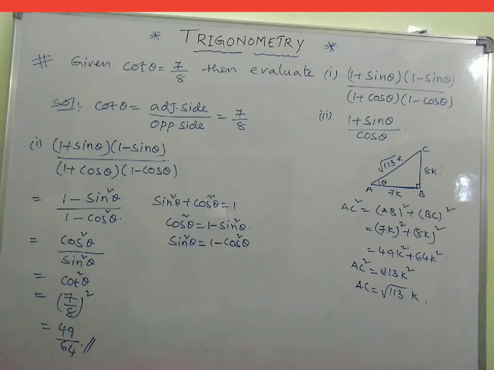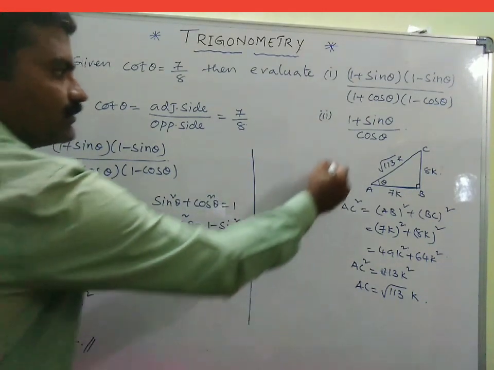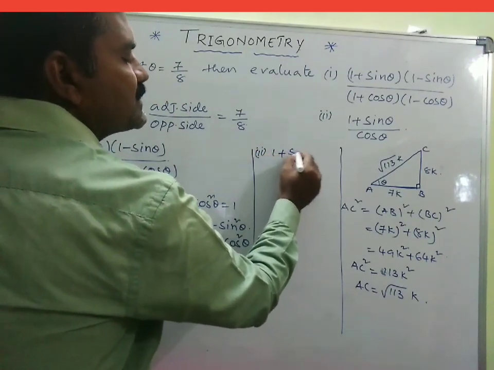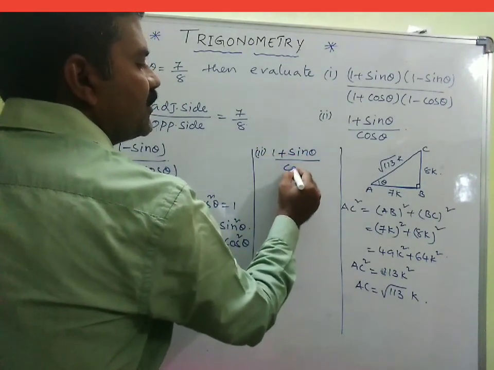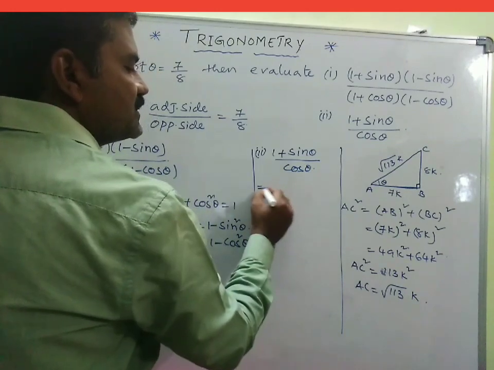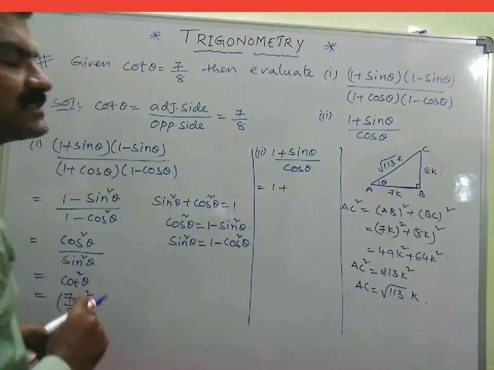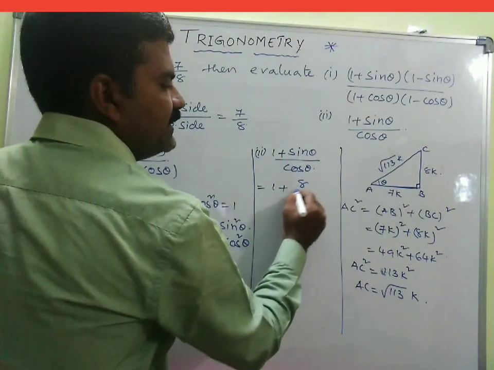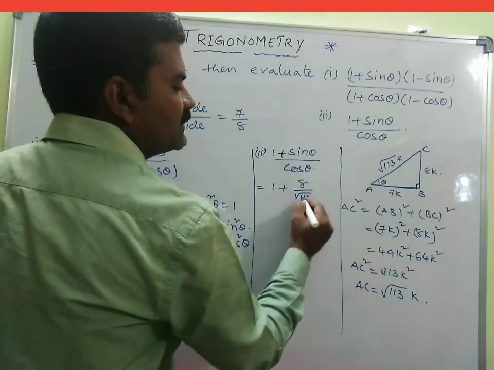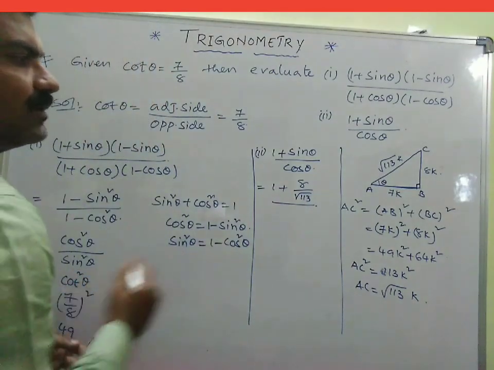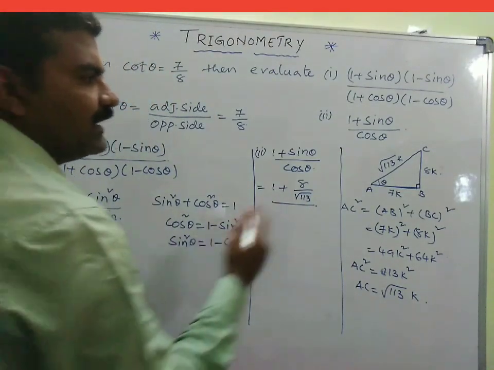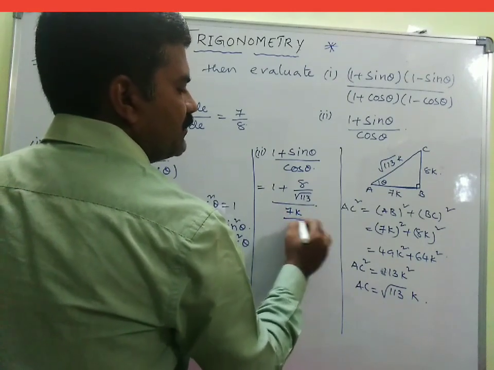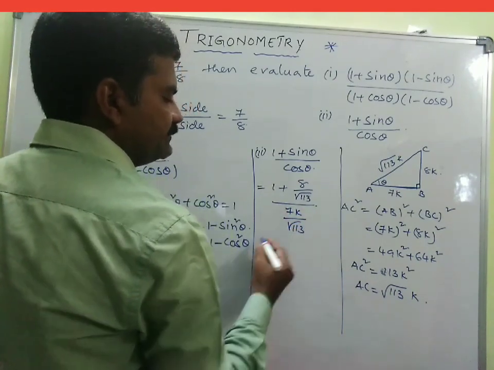Okay, so look at the second part now. The second one is 1 plus sin theta by cos theta. This we need to substitute. What is the sin theta value? Opposite by hypotenuse, that is 8k by root 113k, and the cos theta value is adjacent by hypotenuse, that is 7k by root 113k.